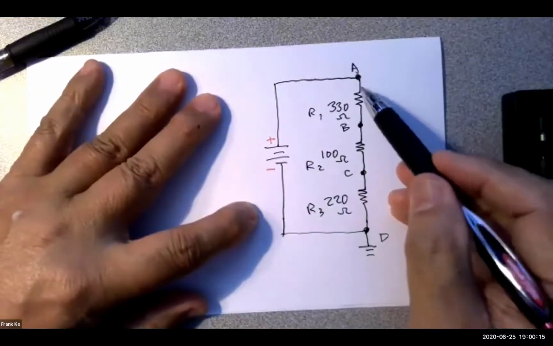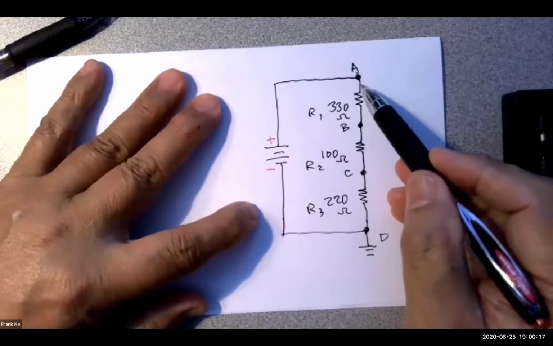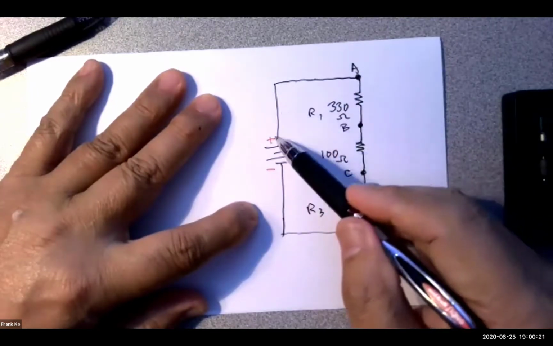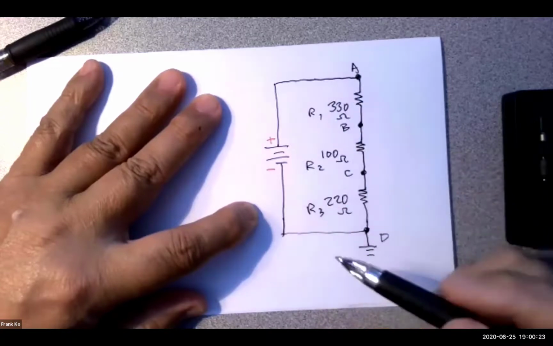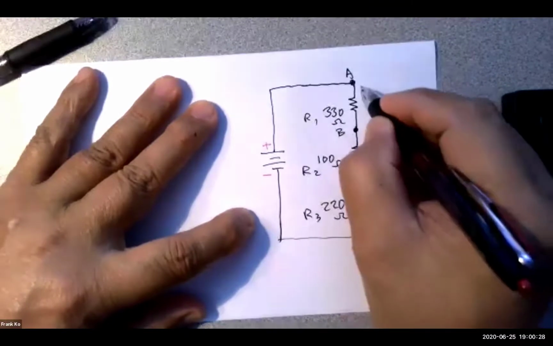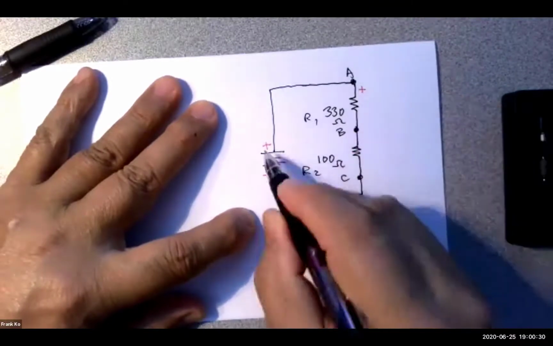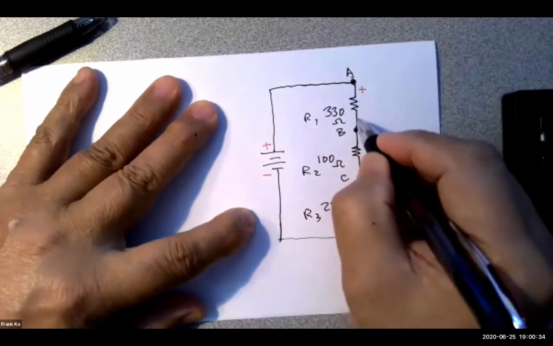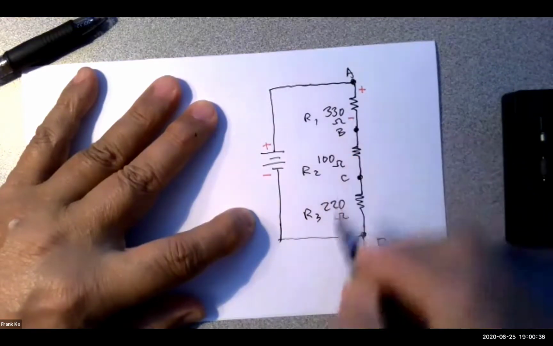The top of R1 is attached, if you follow the wire, to what polarity of the voltage source? The top of R1 is attached to the positive side of the source. It must be positive. The bottom of R1 is going to be negative.